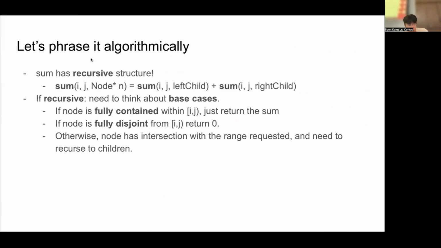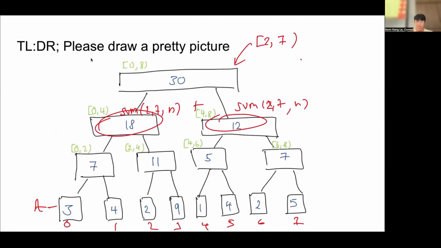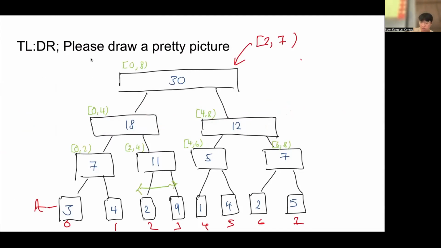Yeah. And because it's recursive, you have to start thinking about when this actually terminates, right? Earlier we saw hints of when we actually have to stop calculating. Let's say we're interested in this range.